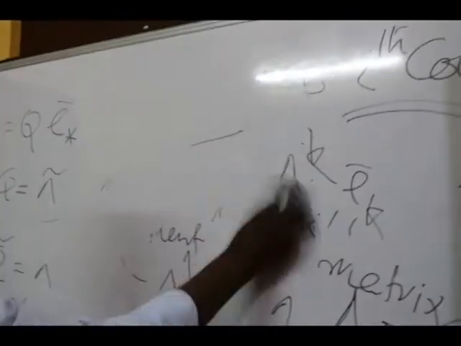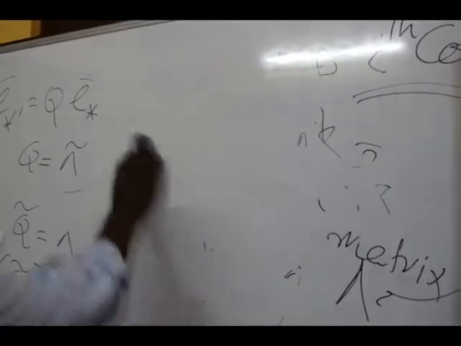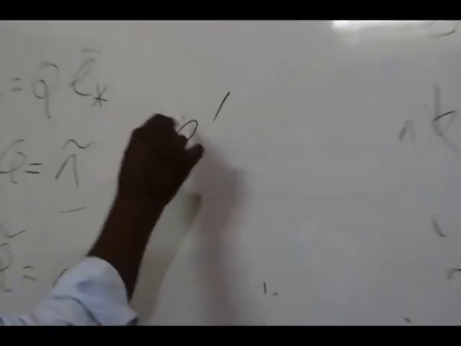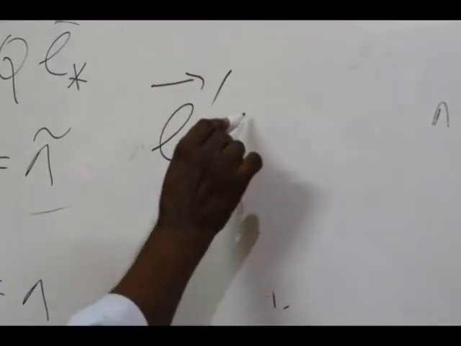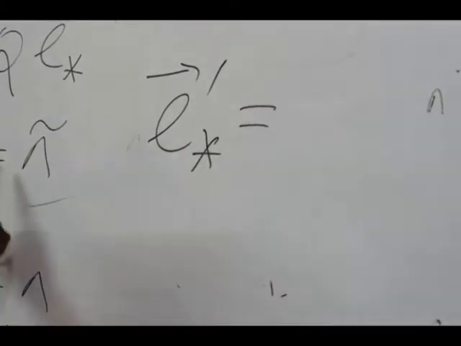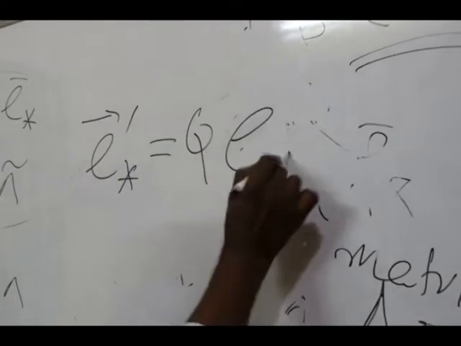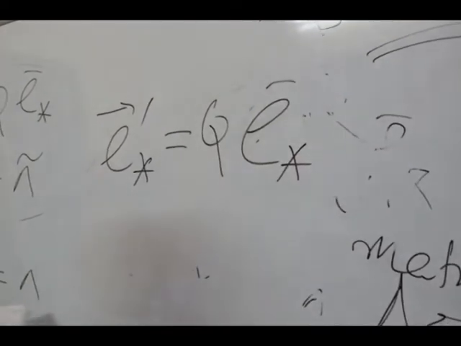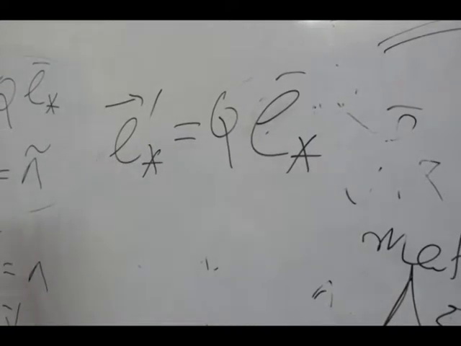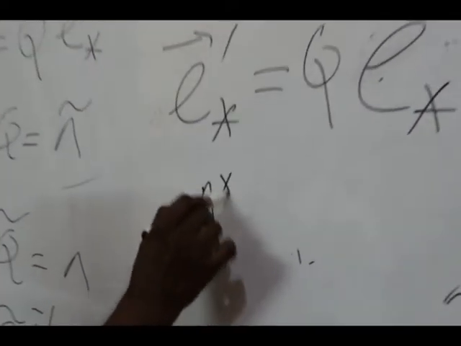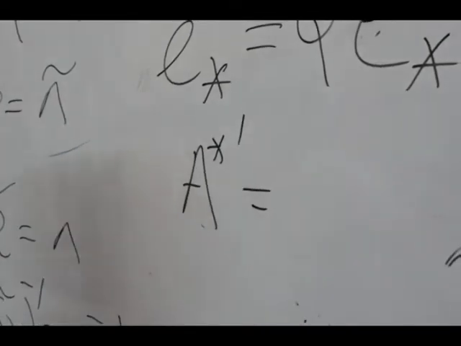So this equation I can write as E dash star is equal to Q lambda inverse, is equal to Q lambda transpose, is equal to Q times E star, and this A star dash is equal to what else?